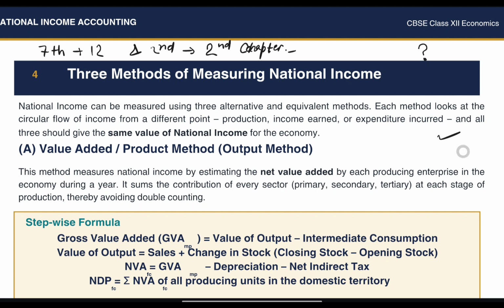National income tells us how much income the country has earned in total, how much production has taken place, whether the economy is growing or slowing down, and whether people's standard of living is improving.